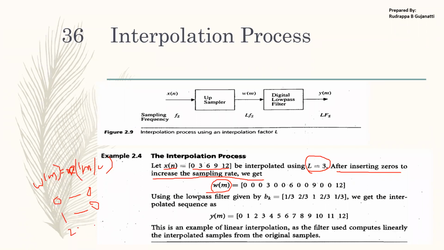For w of 2, it is still equal to x of 0. W of 3 is equal to the first sample, x of 1. And 4 and 5 are also the first sample.